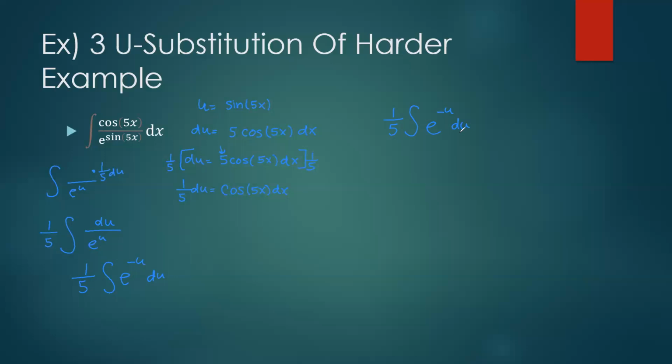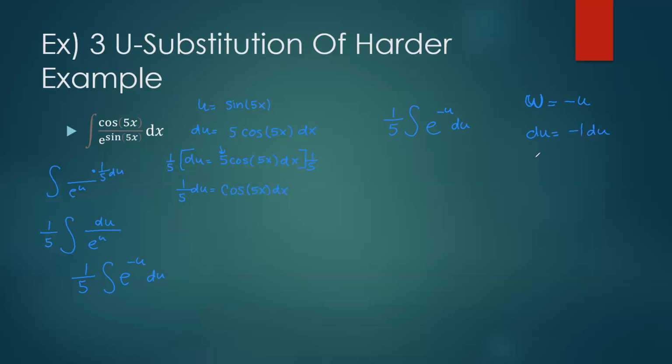So now I have to do another substitution. Let's use another letter. Let's say w equals negative u. And then dw would be -1 du.